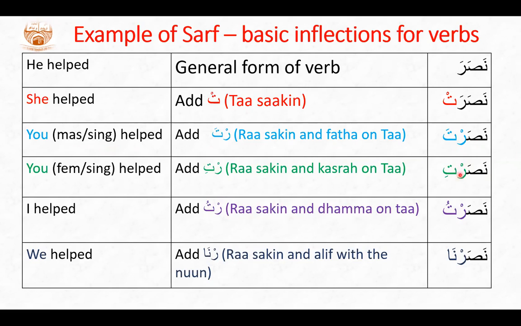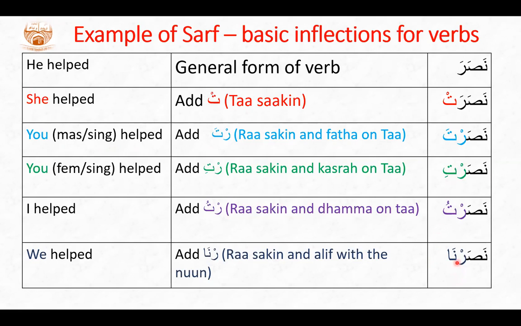We take the same form, apply a kasra, nasarti, we get you feminine singular. We apply a dhamma, and we get nasartu, giving the meaning of I. We remove the ta, and we add a na, lengthen it, we get the meaning of we.